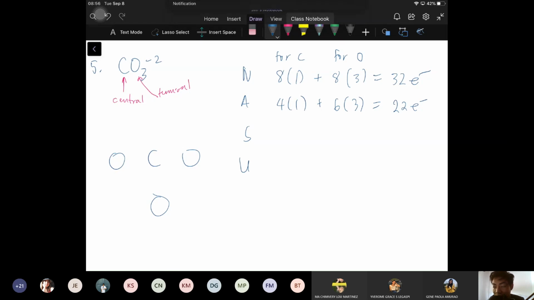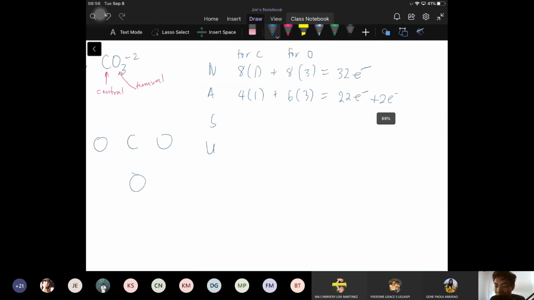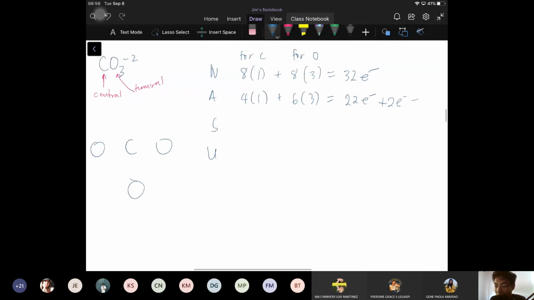May sobrang electron. By how much? Dalawa. Negative 2 eh. So you have to add this in your available electrons. So you add 2 electrons na excess, making your available electrons 24 na.